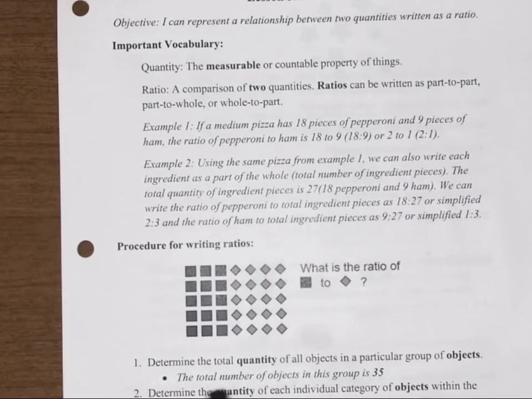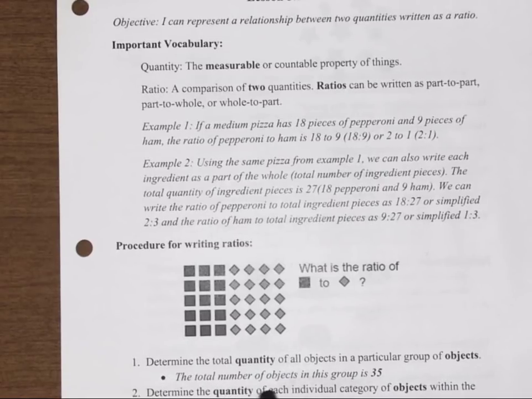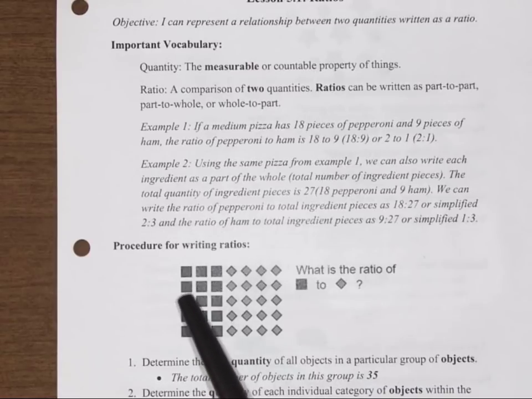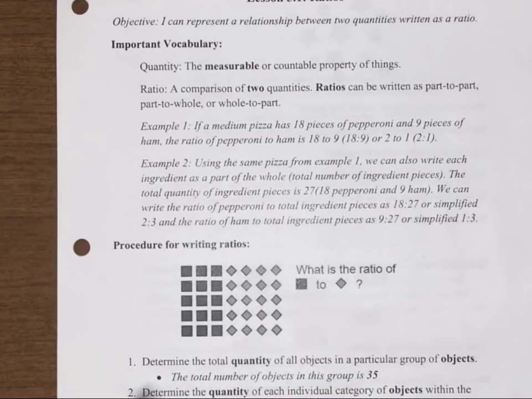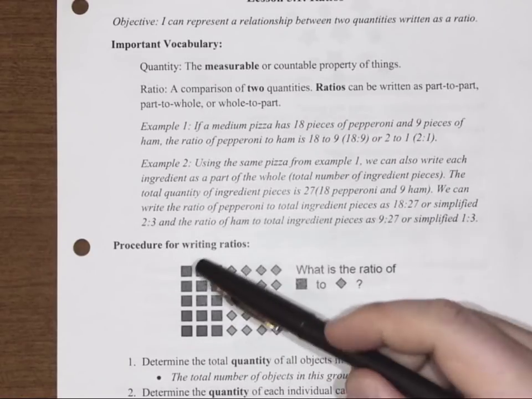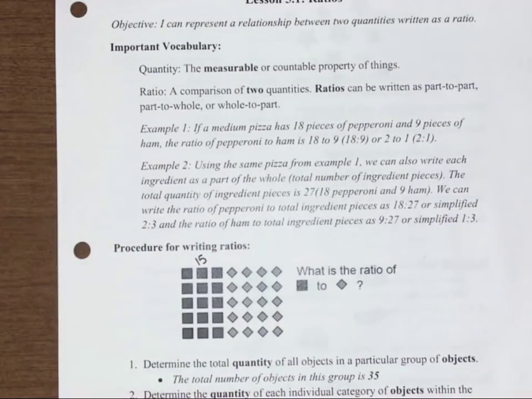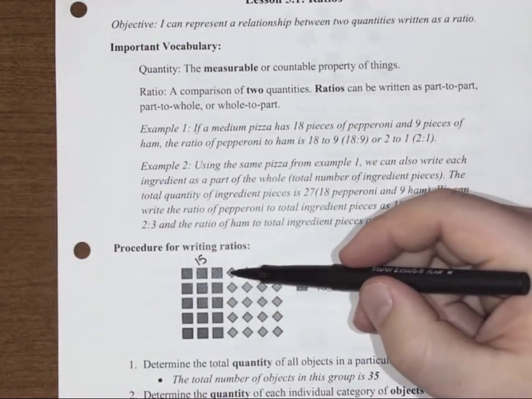So it says, first, determine the total quantity of all objects in the particular group of objects. The total number of objects in this group is how much? Well, if we have 1, 2, 3, 4, 5 squares and 3 rows, that means we have 15 squares.